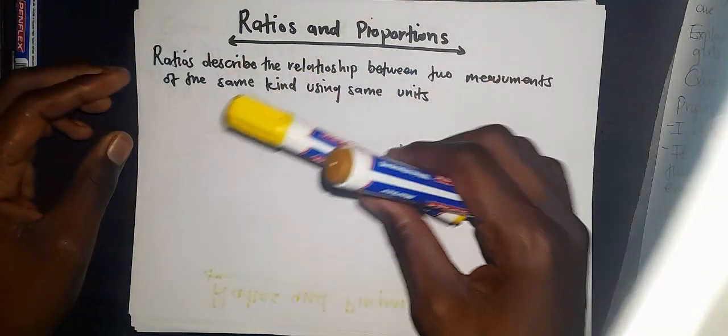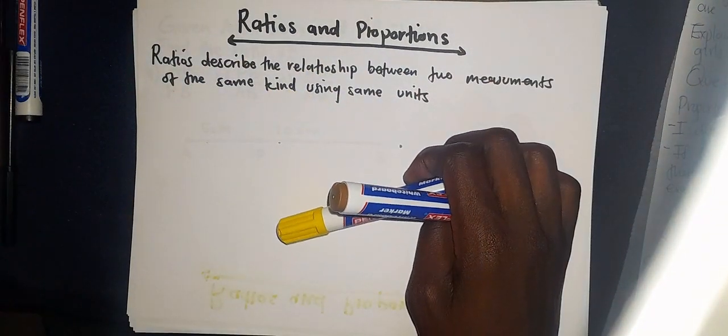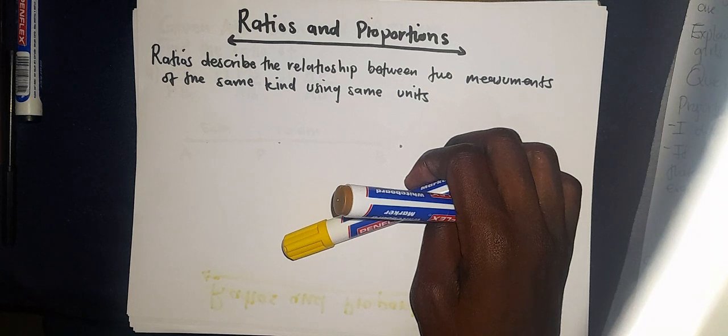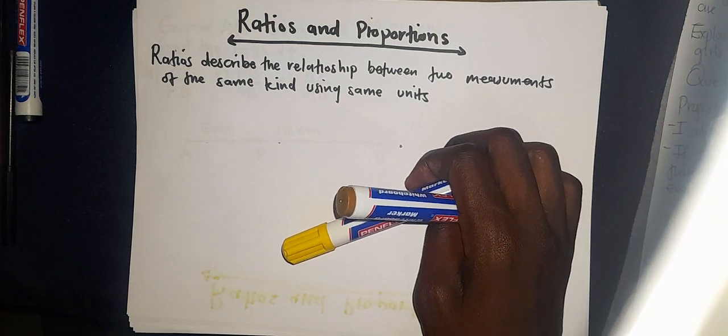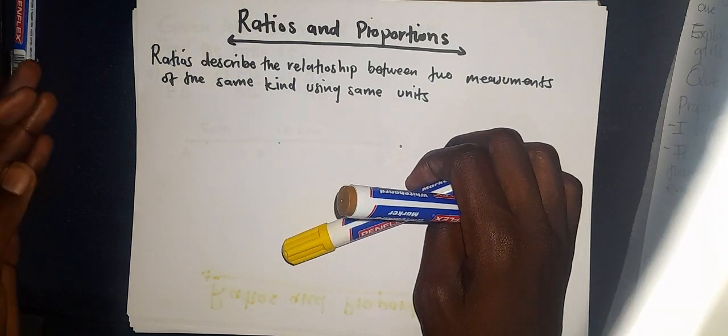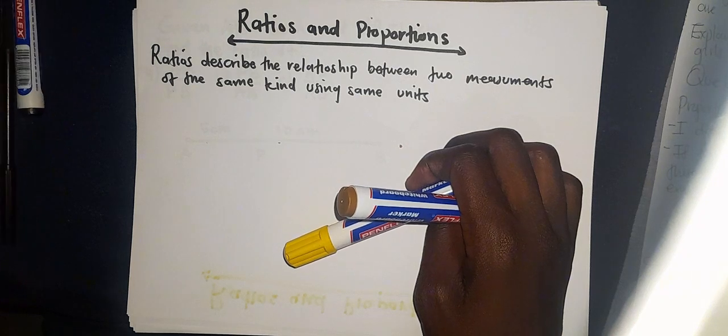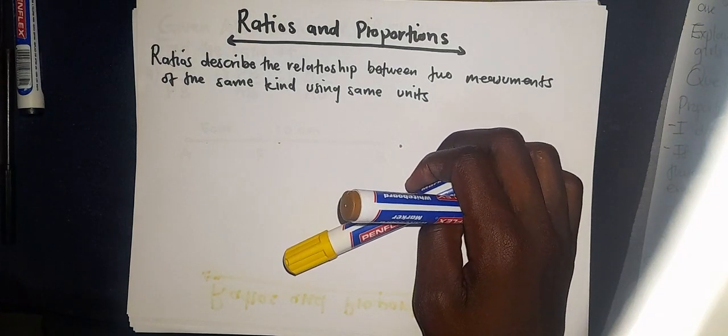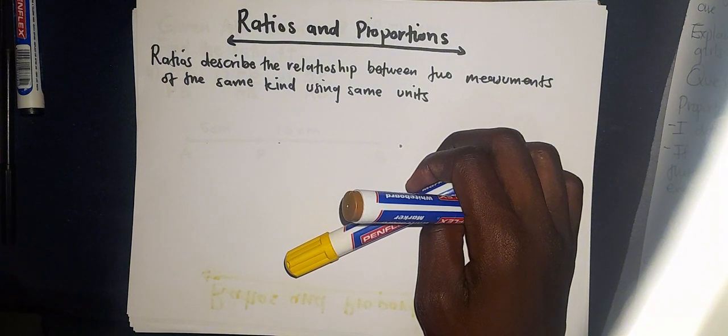What are ratios? What I want you to understand about ratios is very, very simple. The word ratio must not confuse you when they talk about it. A ratio is about the comparison of two things. In mathematics, we describe it as the relationship between two measurements of the same kind using the same unit.